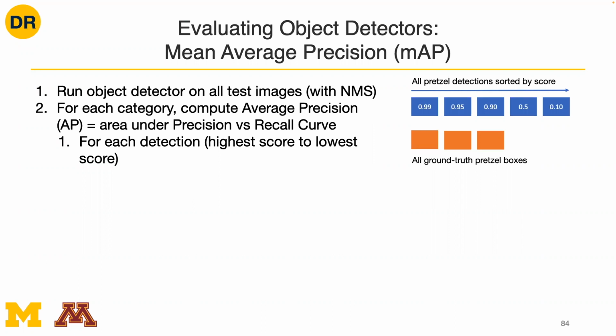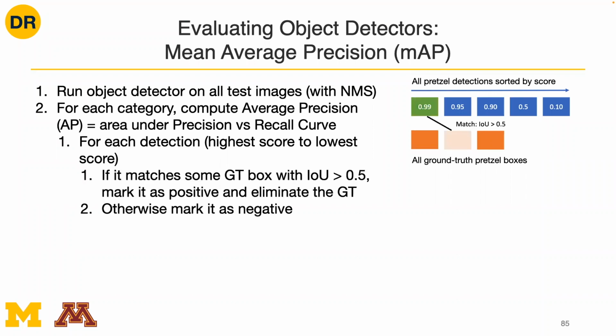And there is also a ground truth set of detections on these test images. So now you will start from the highest scored detection and see which of the ground truth bounding boxes has a match that is over 0.5.